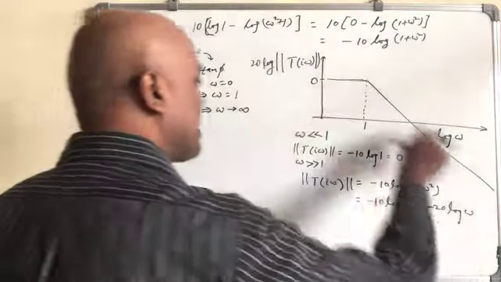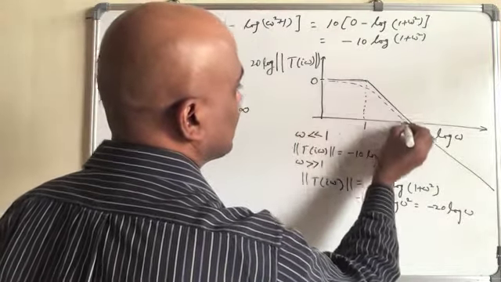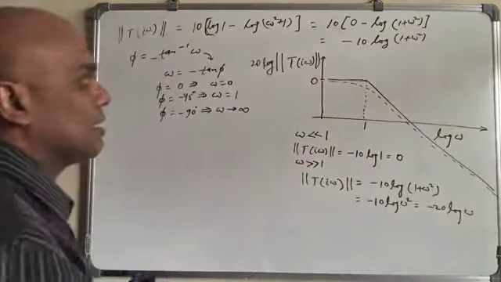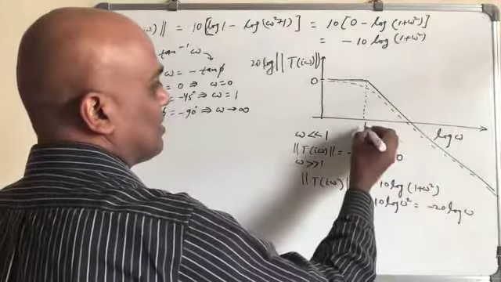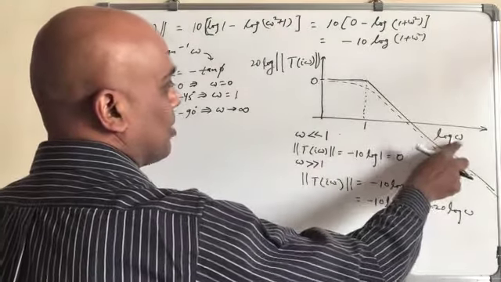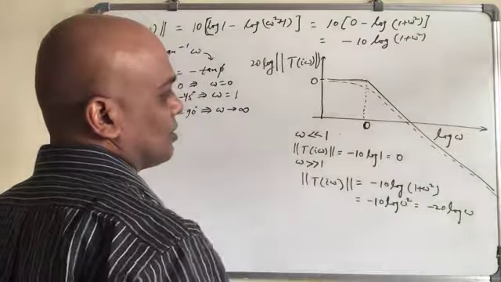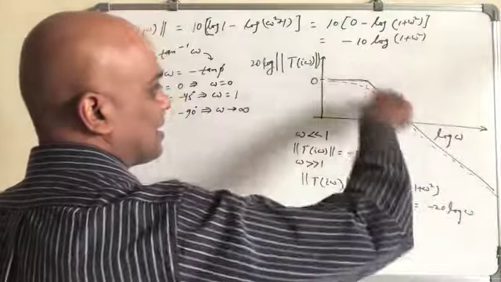It is not a straight line. The actual curve will be something like this, but we can approximate it as this one. Here, log omega equal to 0, so you can have a 0 here. And from here it is a straight line.